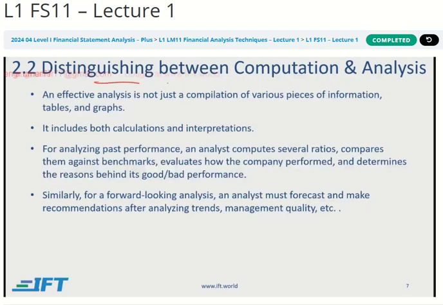So that is the main thing, that you have to distinguish between computation and analysis, right? An effective analysis is not just coming up with that data and presenting it in very nice tables and graphs. You can even get that from third parties. The whole point is, what do you make of that data, right?